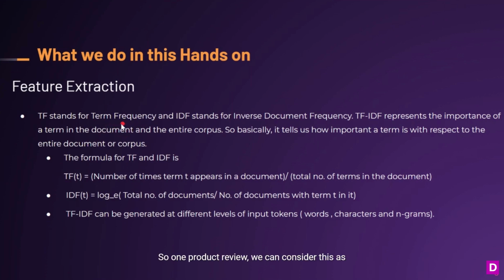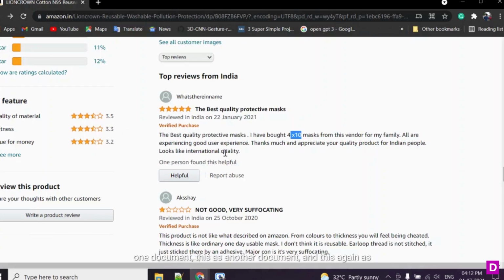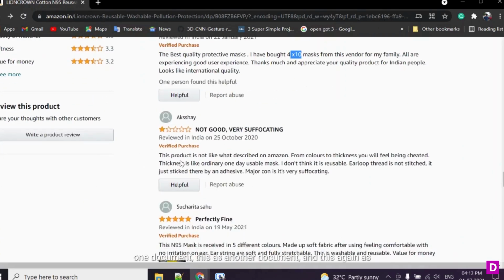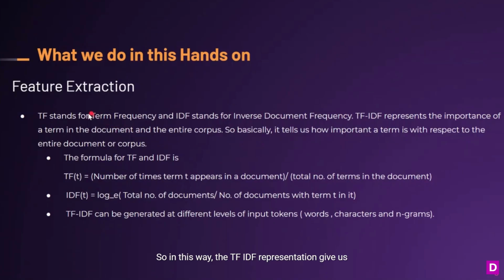So one product review we can consider as one document, this as another document, and this again as another document. In this way, the TF-IDF representation gives us the importance of a term in a document and in the entire text corpus.